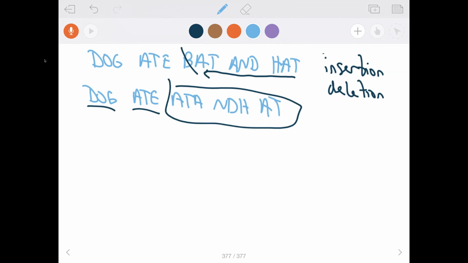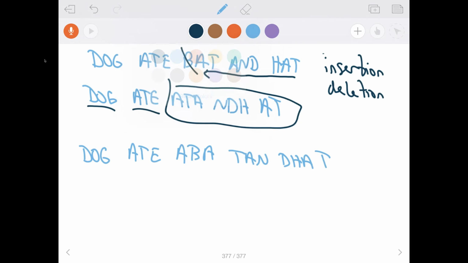If you get an insertion, so dog ate, and then we'll add, instead of deleting, we'll actually add another letter, or another nucleotide. So we'll add an A. But now everything has to shift over to the right. So it will be A, B, A, T, A, N, D, H, A, T. This one and this one, they're fine.